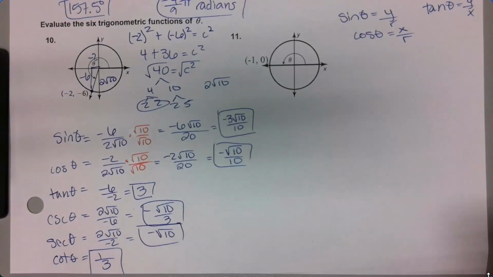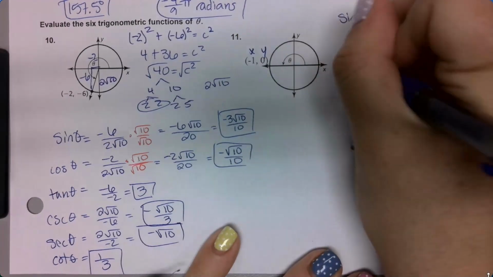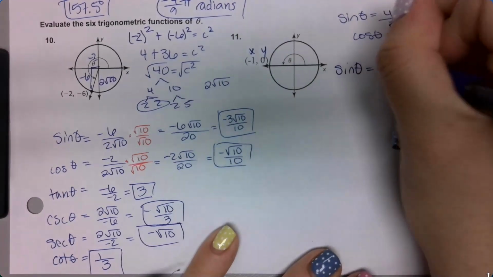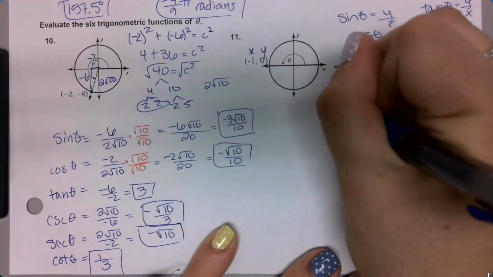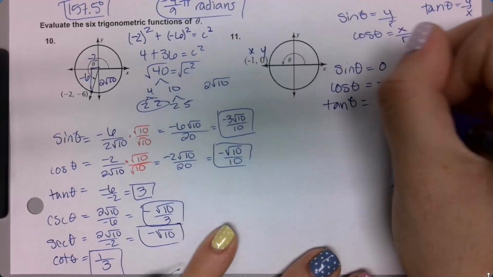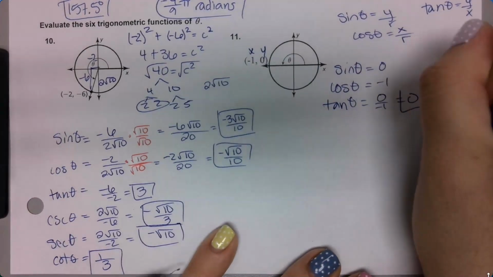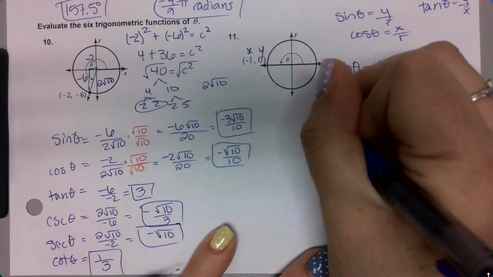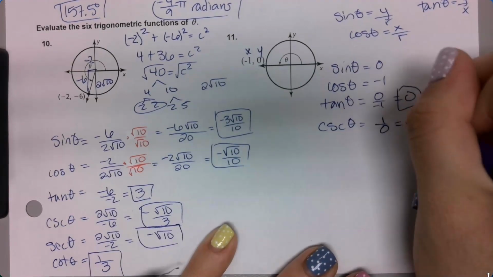Same idea for number 11. So x, y, my sine of theta here is 0. My cosine of theta here is -1. My tangent of theta is y over x, which is 0. Then I want my reciprocal, so my cosecant is 1 over 0, which is undefined.